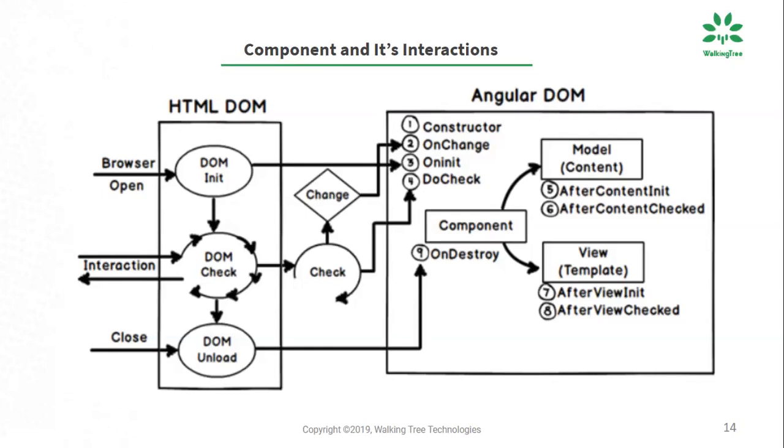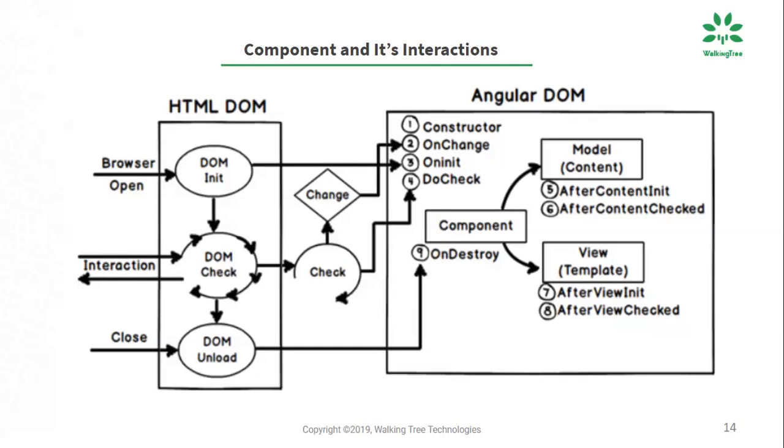And on change, we are going to do things like variable assignments, whatever values you want to assign to the variable. We can do those things on the on change. And on init is going to be called only once, and it can be used to assign some value to the component variable. If we want to do some initial value assignments, we can do that from the on init.